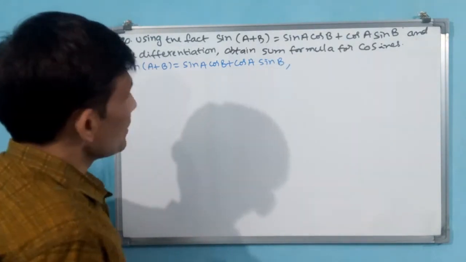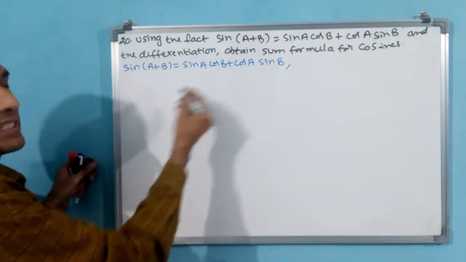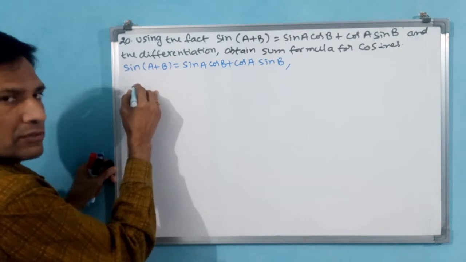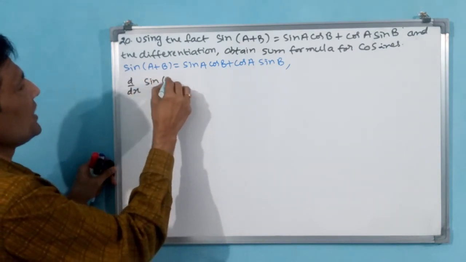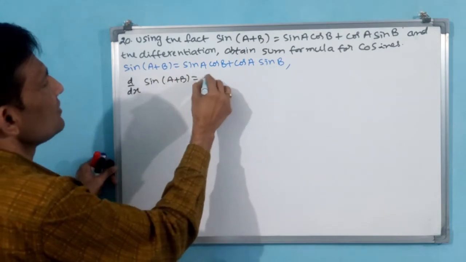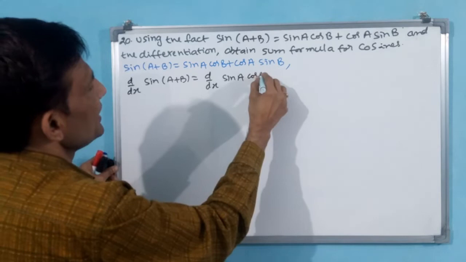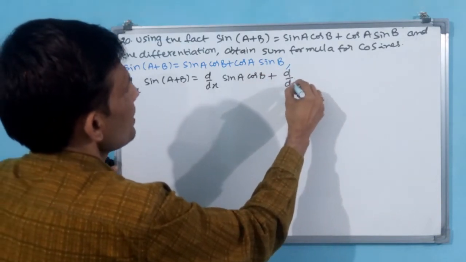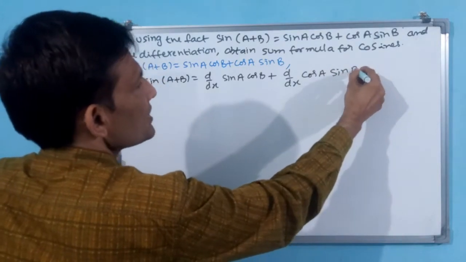See, I am doing differentiation on both sides. One side you cannot do. See, the step I am writing. d by dx of sin of a plus b is equal to d by dx of sin a cos b plus d by dx of cos a sin b. Is it correct?